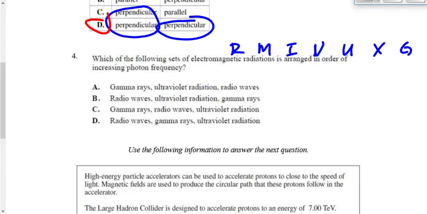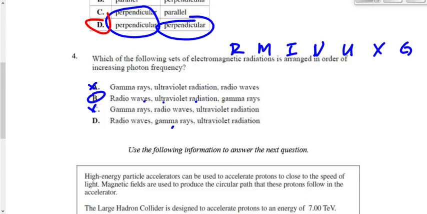All right, so now all we got to do is read them off. We're certainly not going to start with gamma rays, so it's not going to be A or C. Radio waves, it's going to be B, right? Radio waves, ultraviolet, and gamma rays. We're only listing 3 there, but certainly the 3 that are listed are in that order.